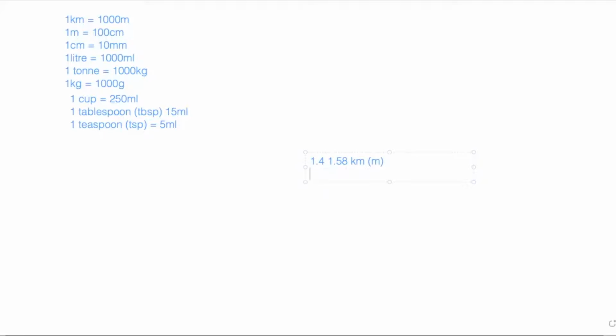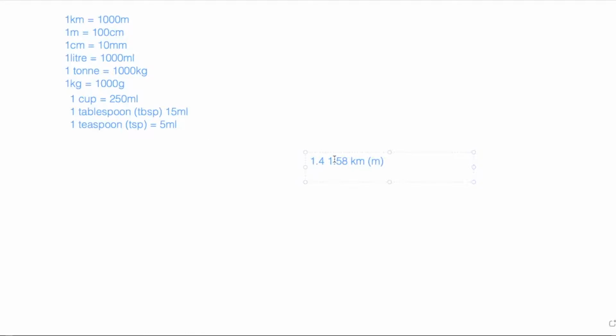When we convert from kilometers to meters, we are going to multiply. But we multiply by what? How many meters in a kilometer? Kilo means 1,000. That is how you can remember this. Kilo means 1,000, so 1 kilometer is 1,000 meters.